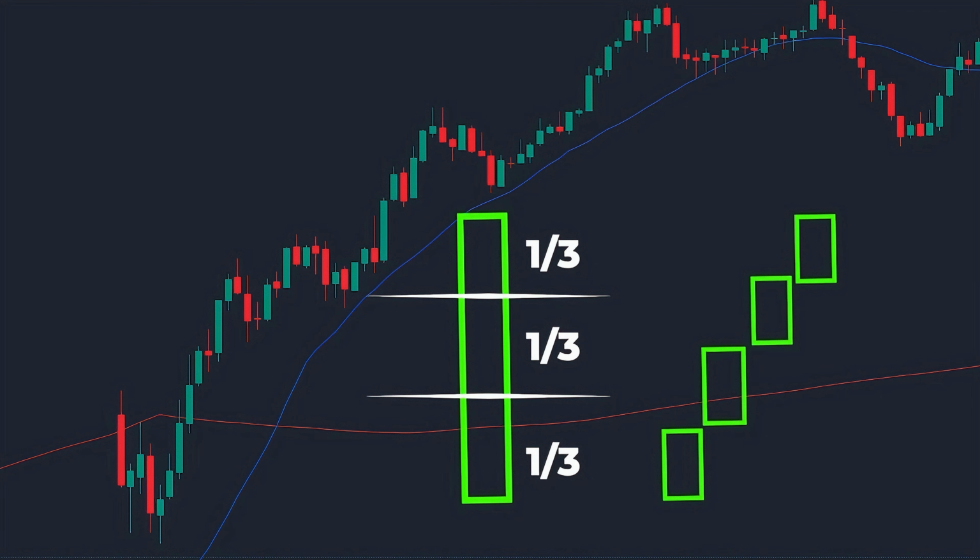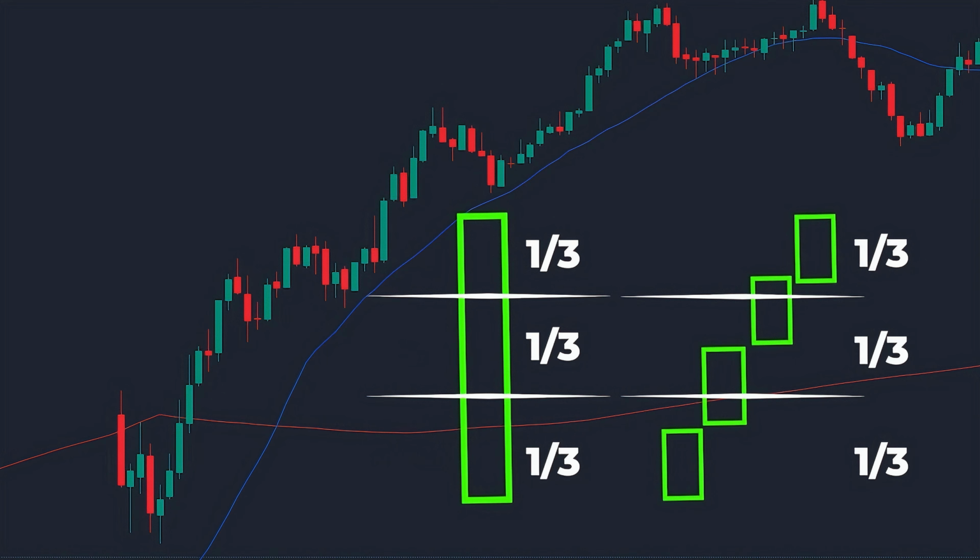The power surge to the upside is divided into thirds. There's a top third, there's a middle third, there's a bottom third. Even if you get the multiple bar run that represents the surge, you're going to think in thirds. Top third, middle third, bottom third.